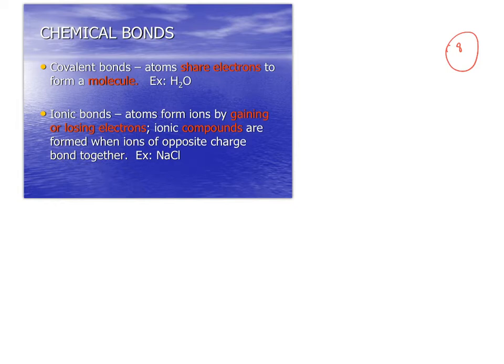Usually I would try to explain this to you and go through the whole electron orbitals and try to explain why the atoms share electrons, but for this class it's not that important. When you get into chemistry, they'll talk about the different kinds of bonds that atoms can make.